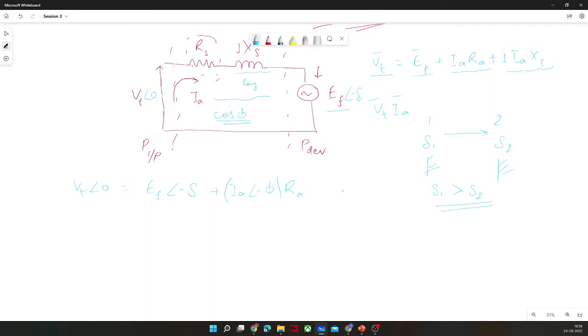We will again break it down. Don't worry about phasors. Plus J IA angle minus phi into XS. So this is the KVL equation of motor, and we will break it while we will solve the problem here.